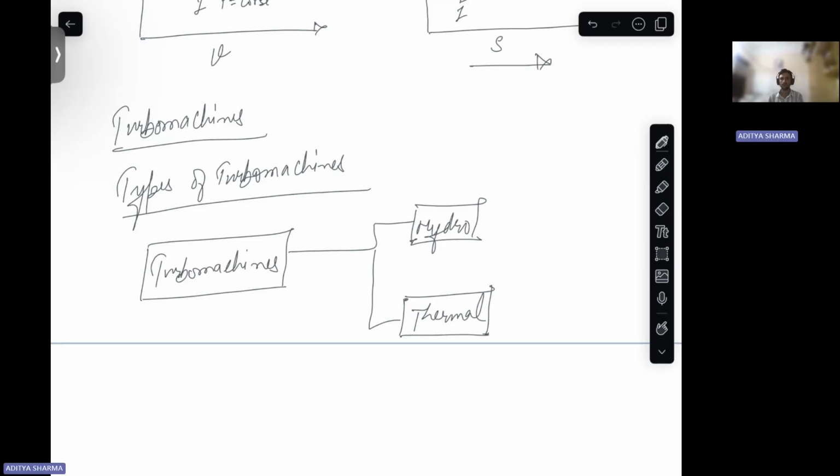So these two types of turbo machines have been discussed, and in these two, again further you have here pumps and turbines. Here you have compressors and turbines. Okay. So these are the types of turbo machines that we have.